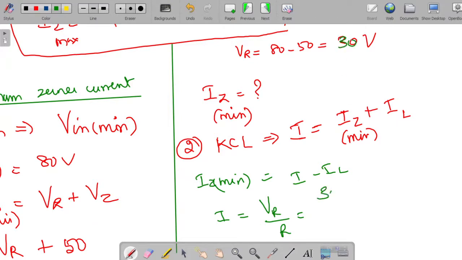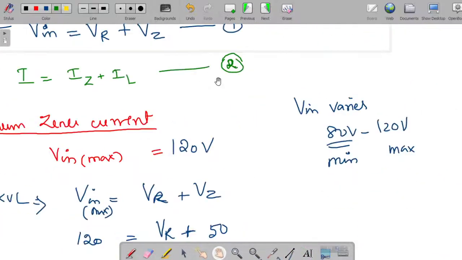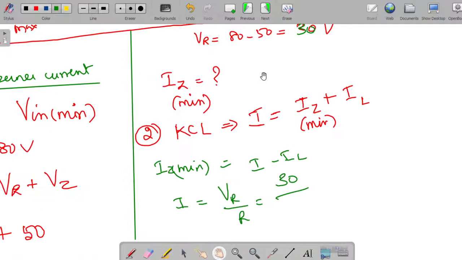So we substitute 30 divided by resistance R. The resistance R is given as 5 kilo ohm. So it is 6 milliamps, since it is 5 into 10 power 3 in the denominator.